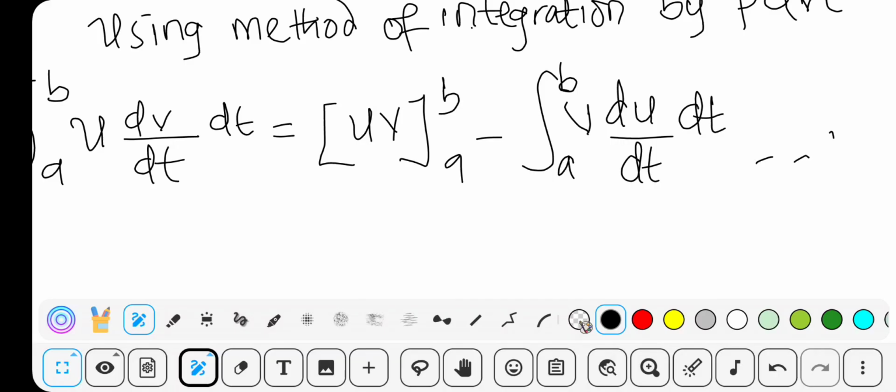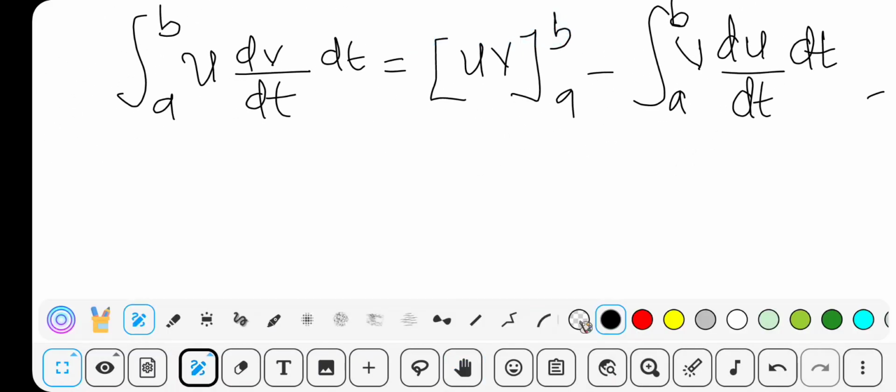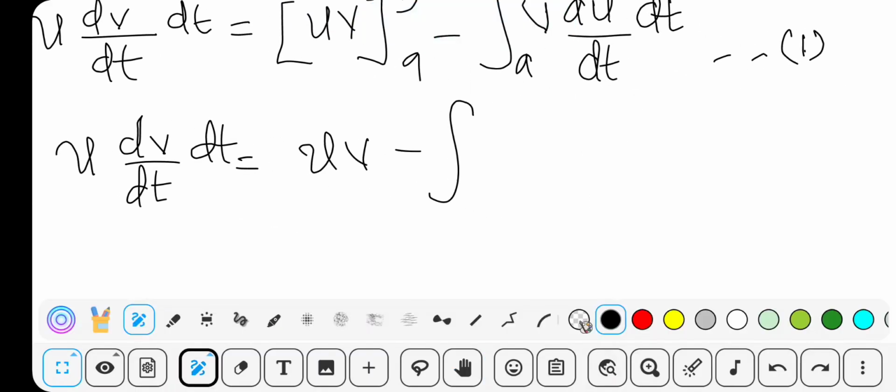This is the first equation, equation 1, for definite integral. Then the one for indefinite integral is just the integral of u dv/dt dt equals uv minus the integral of v du/dt dt.